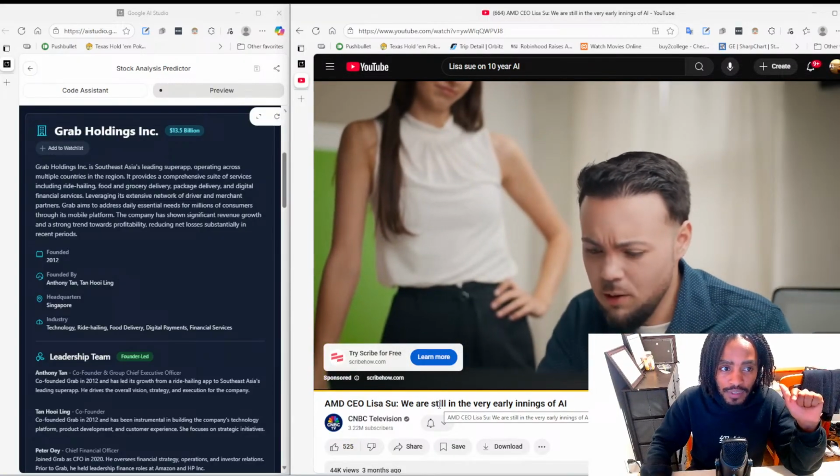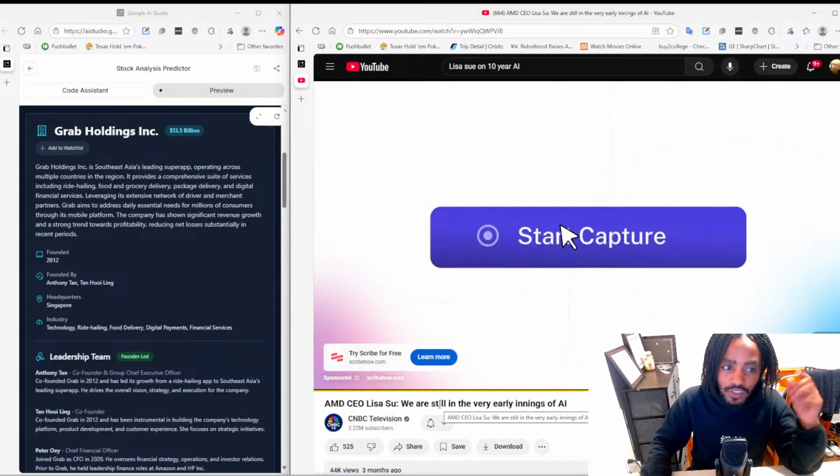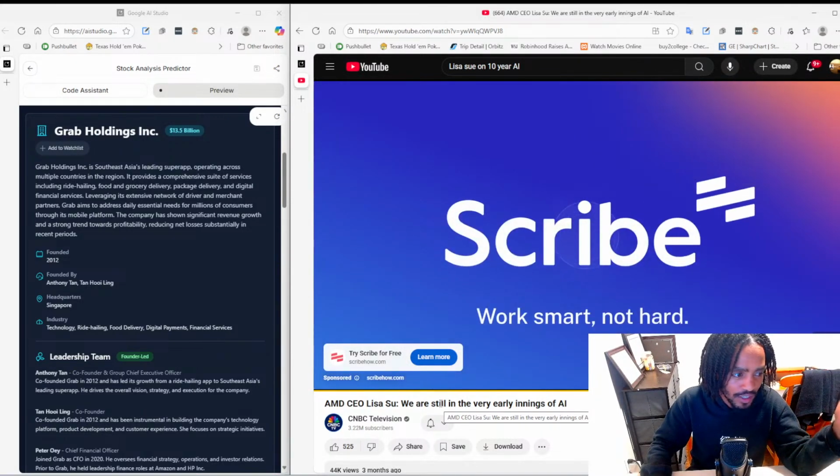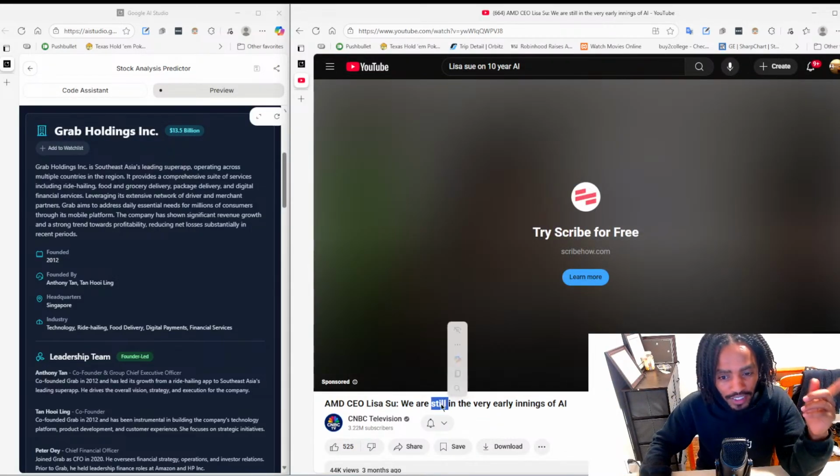But Chamath Palihapitiya is really close to the president's circle and a lot of people in politics.